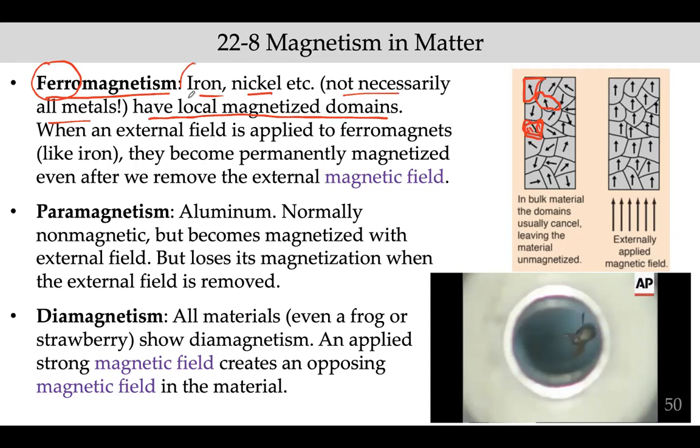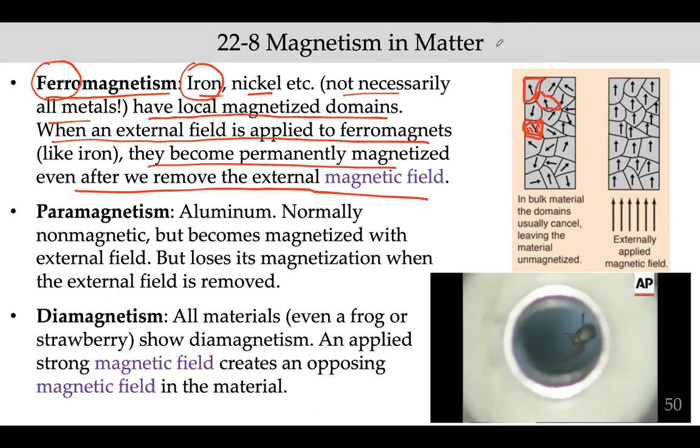So iron, it's not magnetic, right? It doesn't attract metals. But when an external field is applied to a ferromagnet like iron, it becomes permanently magnetized even after we remove the external magnetic field. You can do this experiment at home.